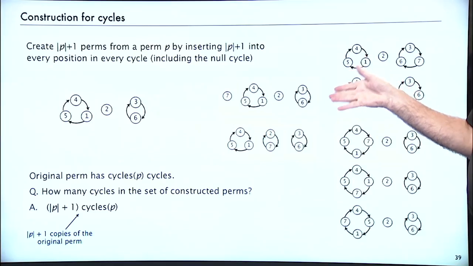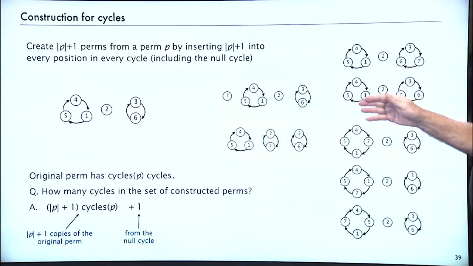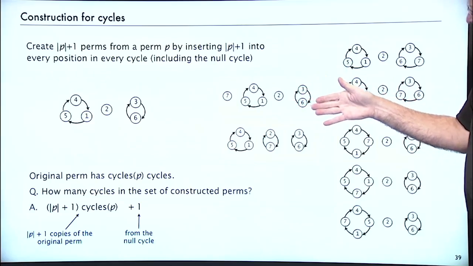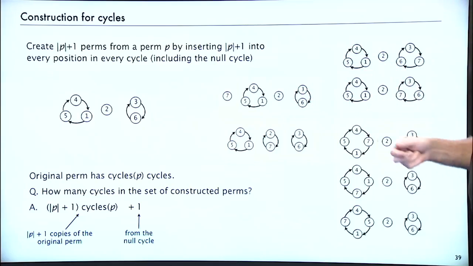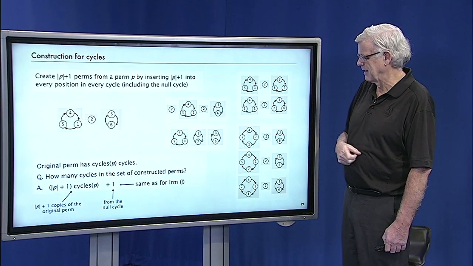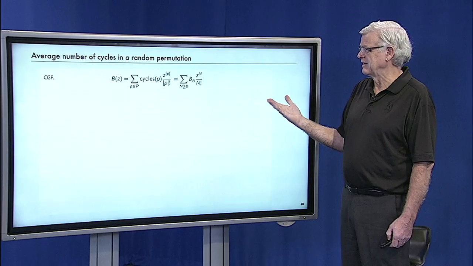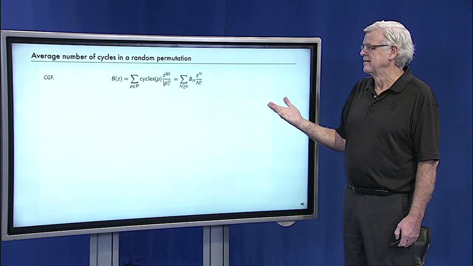So there's p plus 1 copies of the original perm. They all have the same number of cycles, and then there's one extra for that extra singleton cycle. So immediately you can see that's exactly the same relationship that we had for left to right minima. And so the derivation is going to be exactly the same.